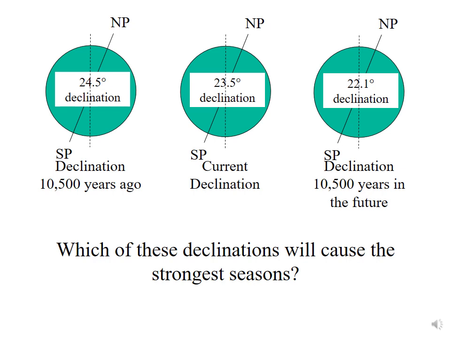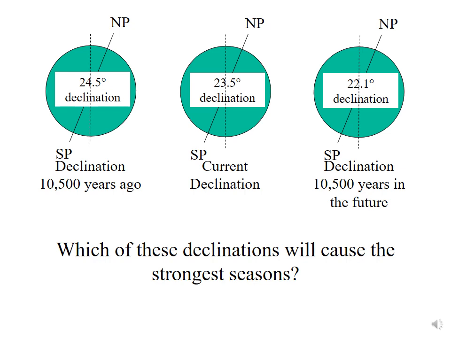Well, if we had no tilt at all, at 0 degrees declination, we would not have seasons. We would have essentially the same day length and the same sun angle year-round. So it stands to reason that as the declination gets progressively larger, the seasonal differences in the amount of solar radiation that's received at a given point on the planet will be much larger.